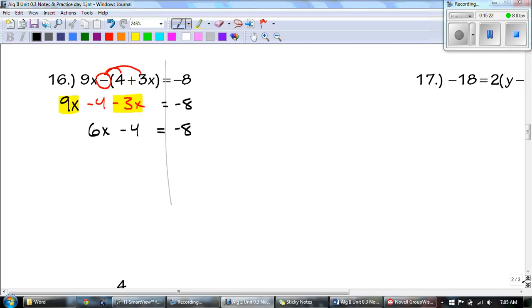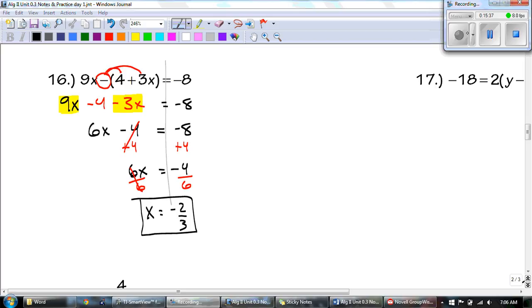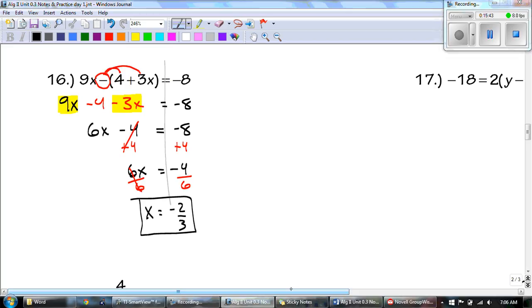And from here, now we can follow SADMAP, okay? So go ahead and pause the video and see if you can take it from there. Okay, you had to add the 4 and then divide by 6 and then reduce that fraction to get -2/3.